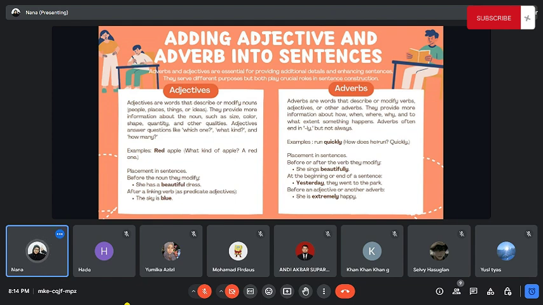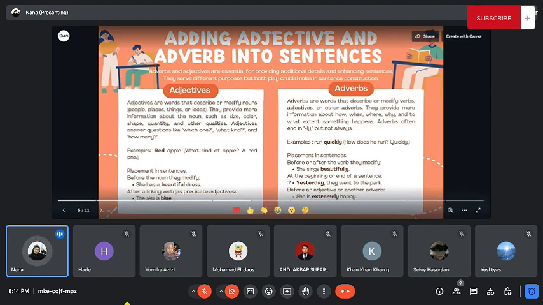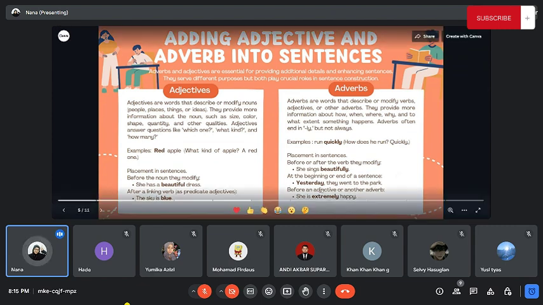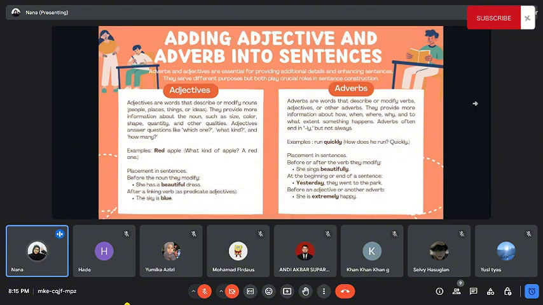As for placement in sentences, before or after the verb they modify: she sings beautifully. At the beginning or end of a sentence: yesterday they went to the park. Yesterday here is the adverb. And before an adjective or another adverb: she is extremely happy. Extremely there is an adverb.